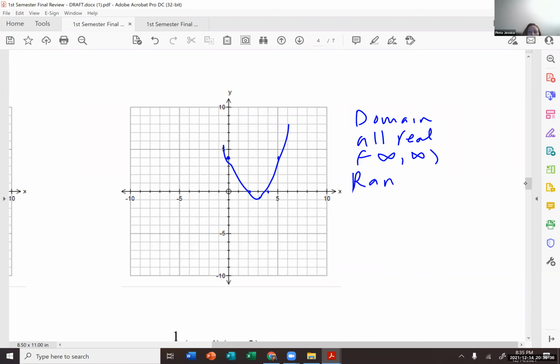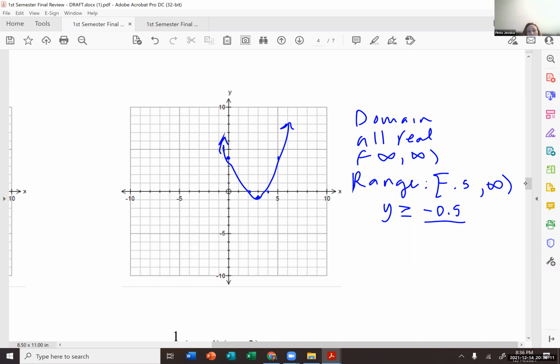The range is not all real numbers. The range starts here, and that was at -0.5, and then it goes to positive infinity. These arrows are pointing up. Another way we can say that is y is greater than or equal to -0.5. The y values are all above -0.5, which just means that -0.5 is the minimum value.